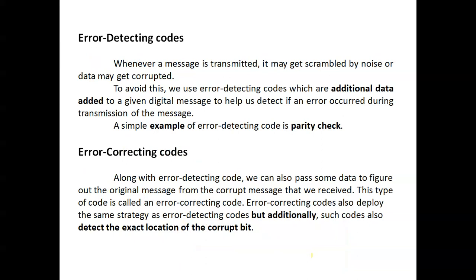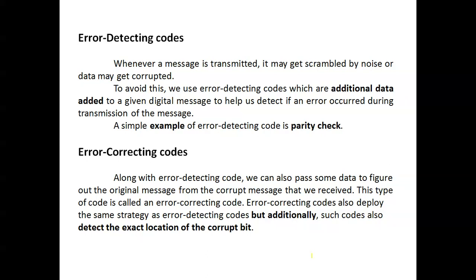We know what an error is, and now we are going to see error detecting codes. Error detecting code means additional data is added, and that data is not a required one. Simply, that additional data gives a message that an error occurred during the transmission, so it is not needed by the users. That data is added to the original signal. And error correcting codes.